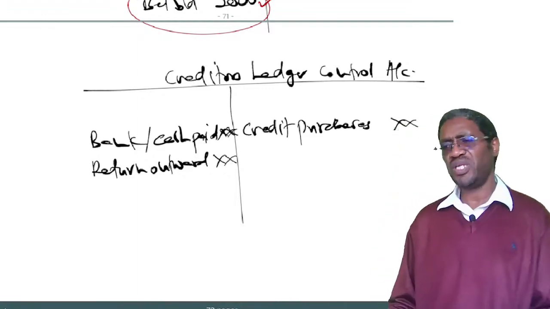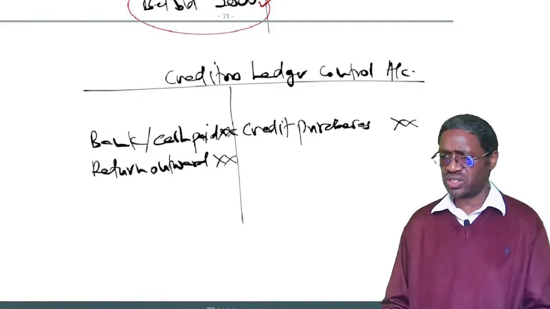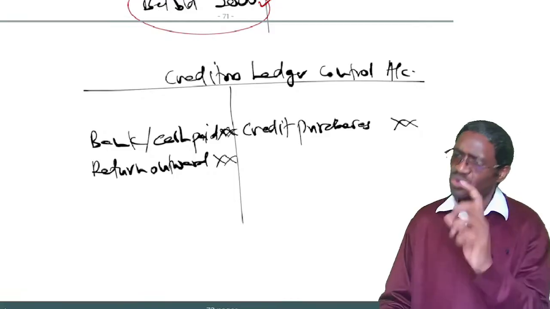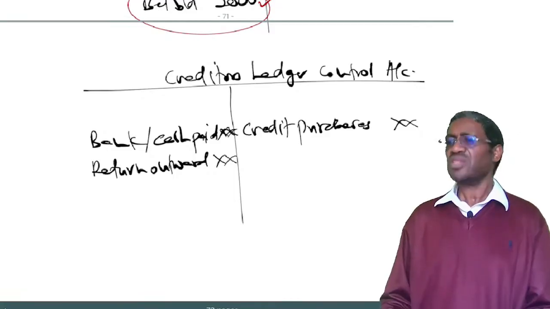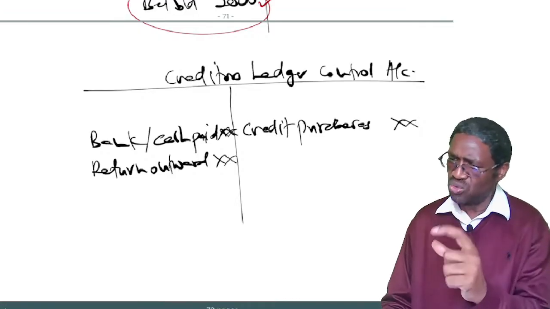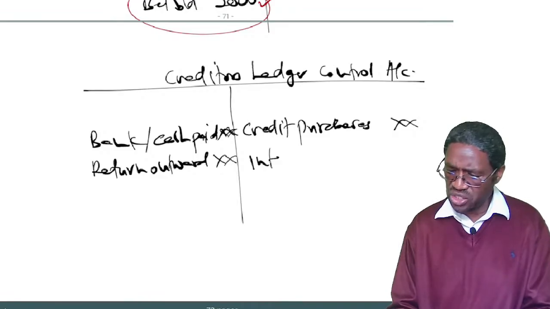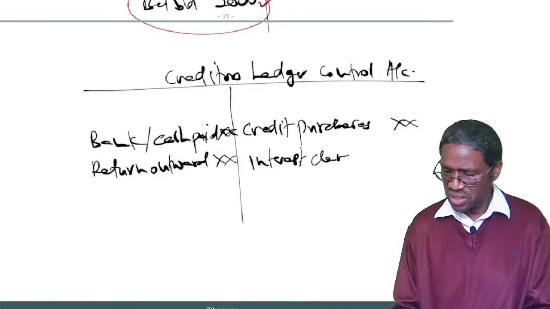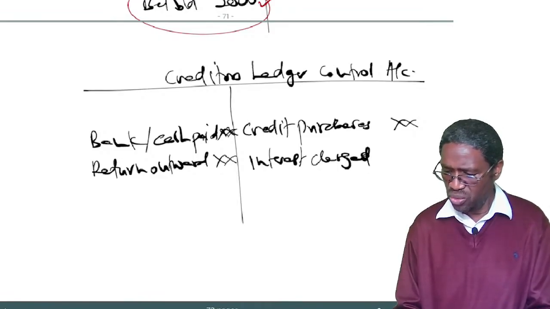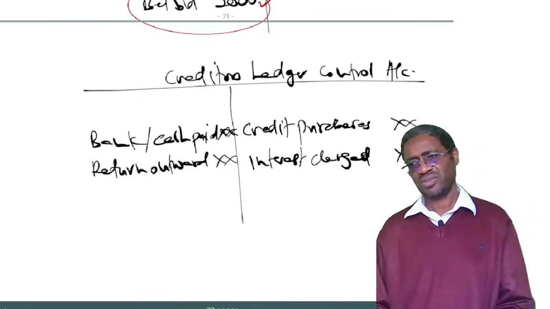Suppose you fail to pay them within 30 days, and therefore they had to charge you interest. Then automatically that will make you increase what you owe to them. So any interest charged by creditors, you will have to credit because they are charging you now. Good.